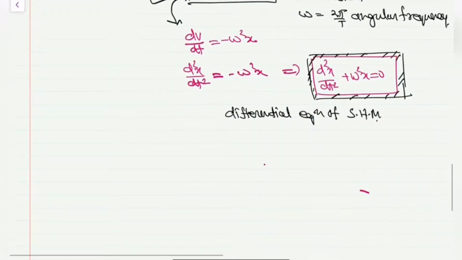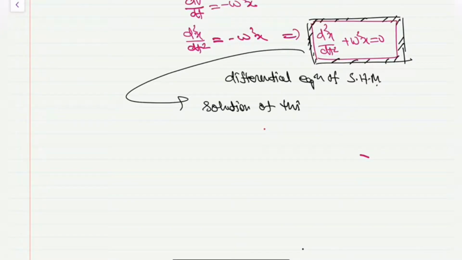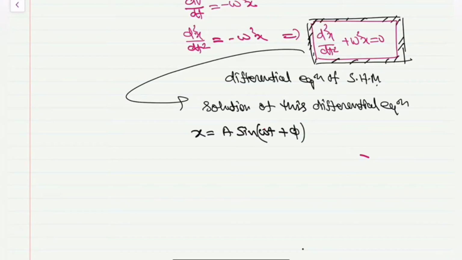The solution of this differential equation is x equal to a sine omega t plus phi, isn't it? This x is nothing but a function of time t.